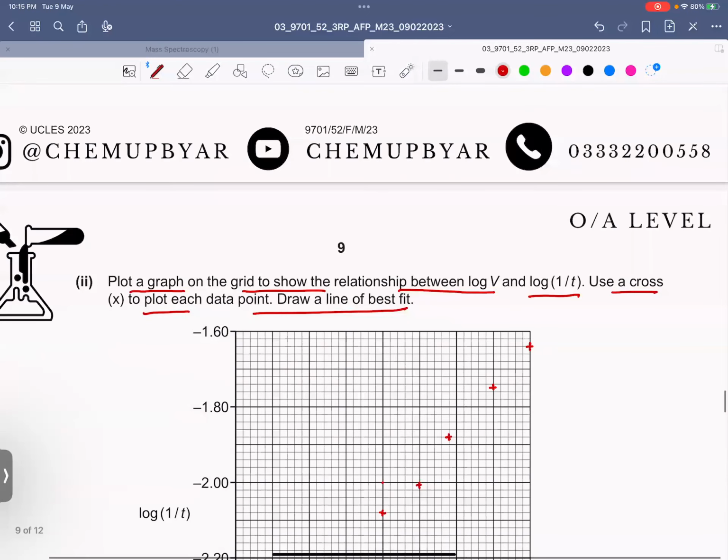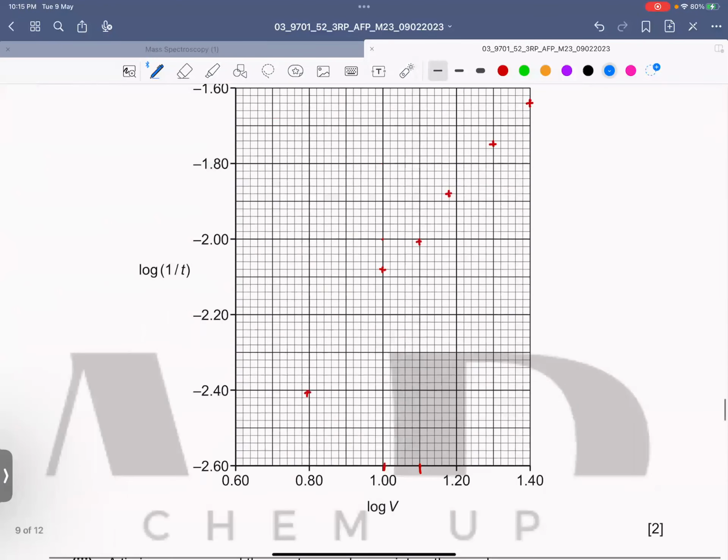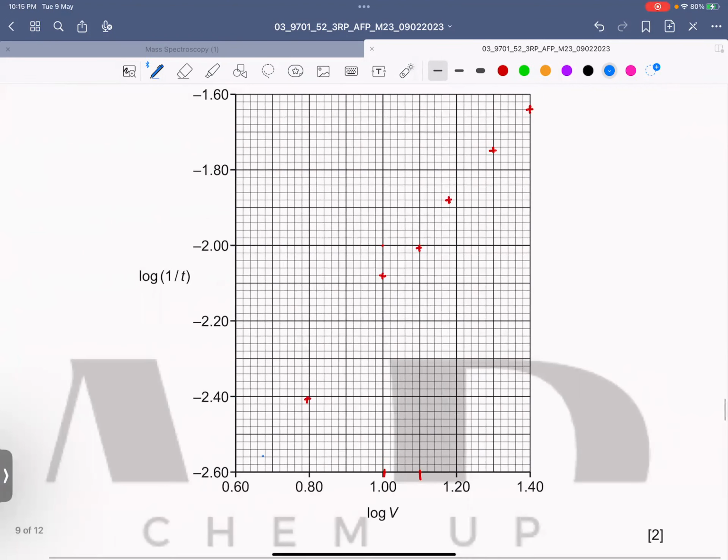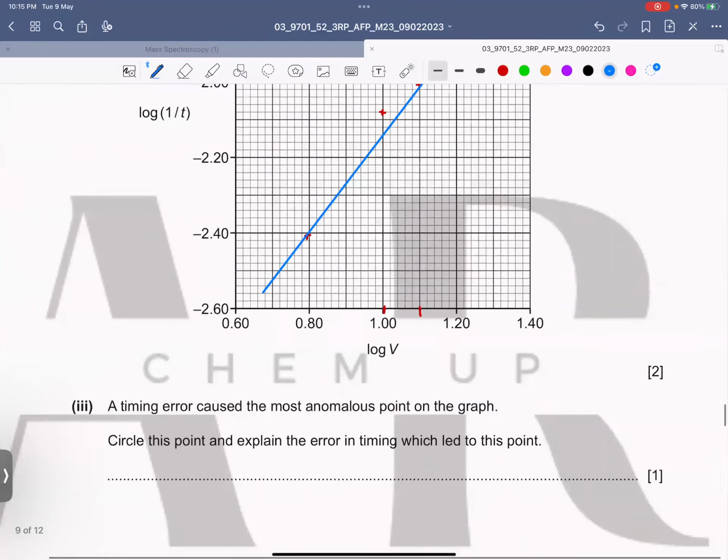And we have to draw a line of best fit. This would be your line of best fit.